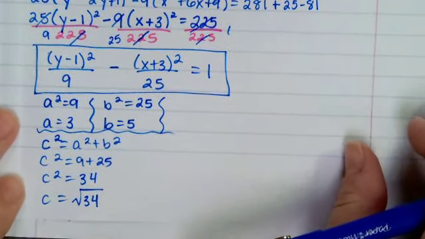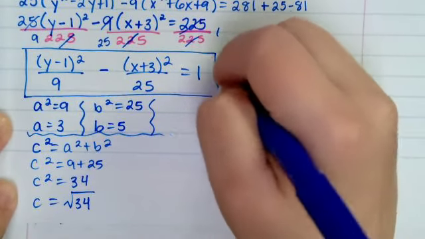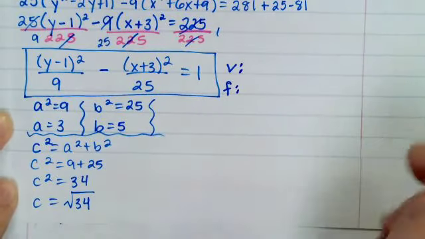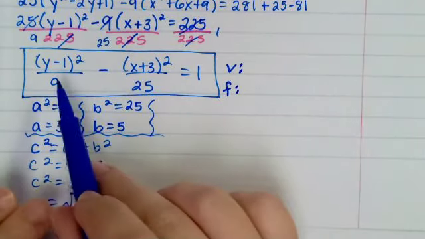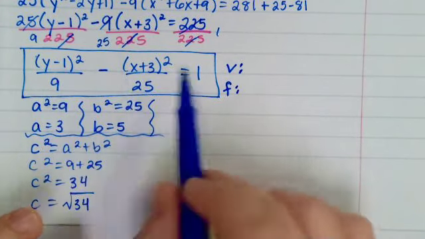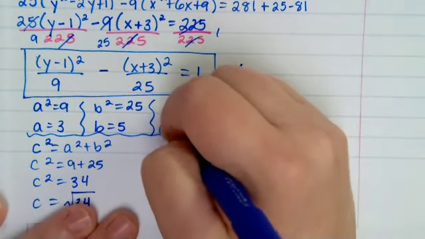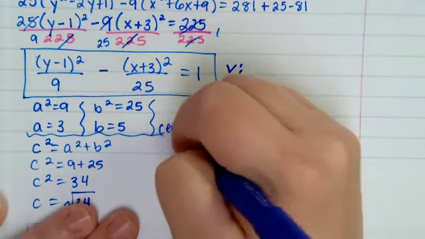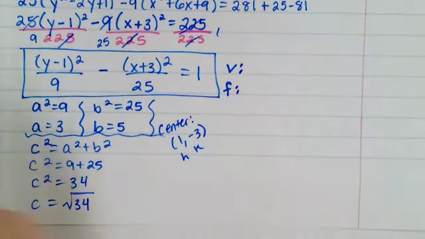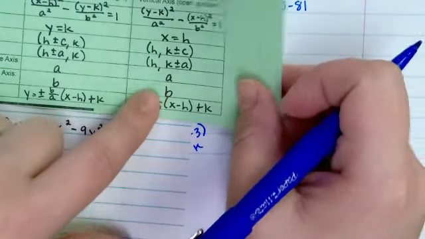And to give our vertices, right, I'm just going to list my final answers right there. So I'll do the work over here. But keep in mind, we are opening up and down because y was first. And my center is not at the origin. My center is at 1, -3. That's h, that's k. Right? So we're going to follow these patterns where we're opening up and down.